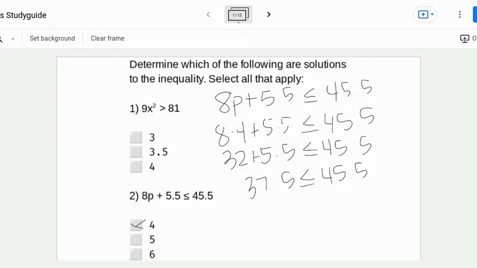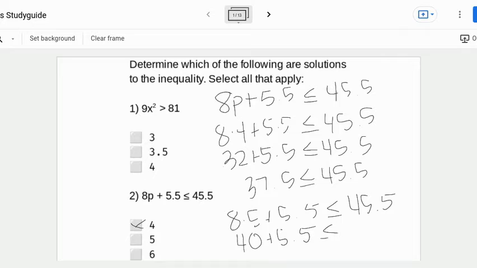We're going to do the same thing, but this time we're going to plug in a 5. So 8 times 5 plus 5.5 is less than or equal to 45.5. 8 times 5 is 40, plus 5.5 is 45.5, which is less than or equal to 45.5.